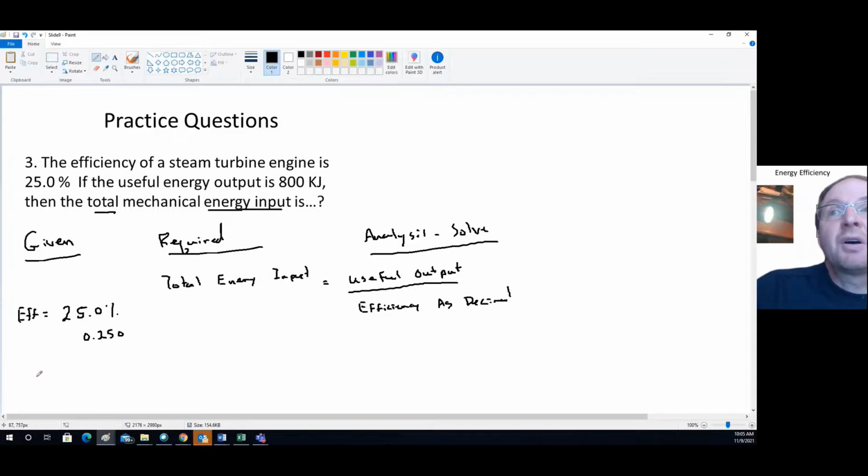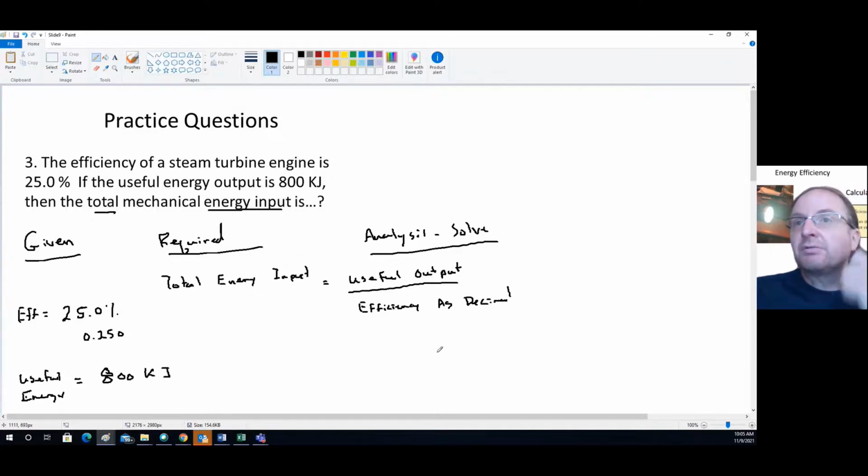And we have our useful energy, and that is 800 kilojoules.